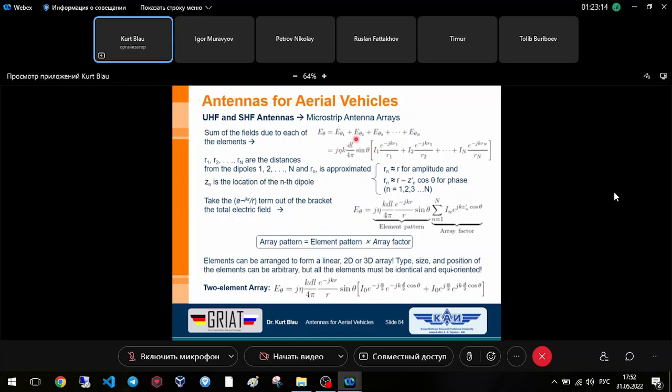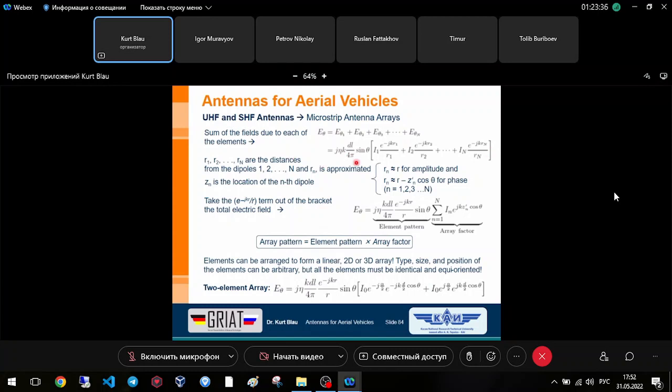The length is also kept out, and we have only the currents and the angles of our current distribution.